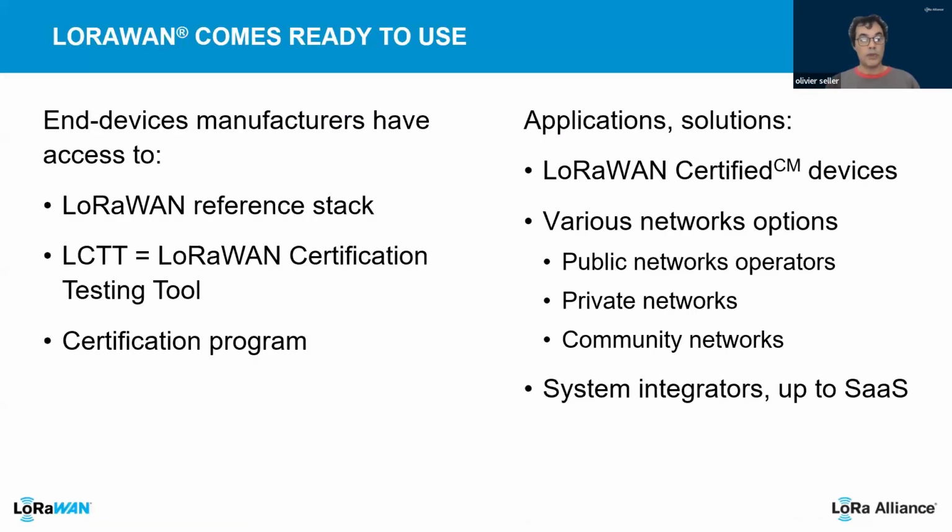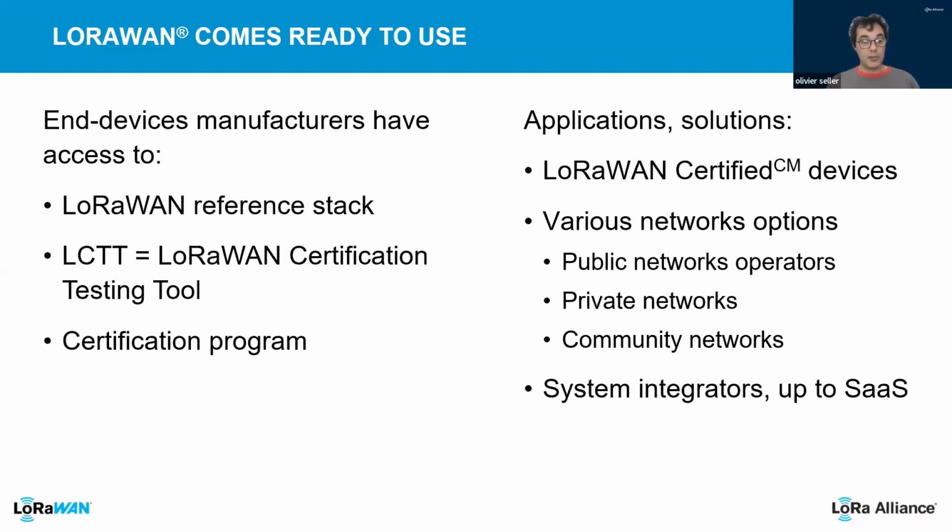Another thing we do as an Alliance is making LoRaWAN accessible, making it really ready to use, either for end device manufacturers or application or solution makers. If you're an end device manufacturer, you have access to a LoRaWAN reference stack, which is an open source implementation of the protocol on the end device side. This reference stack is, of course, aligned with the spec and passes the certification program.